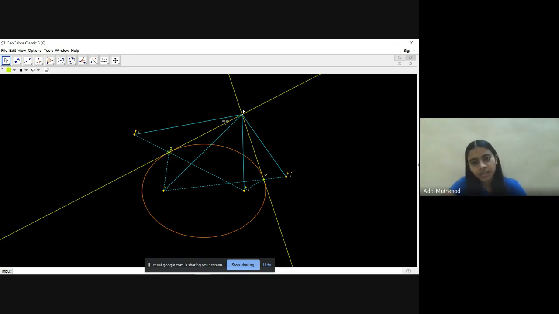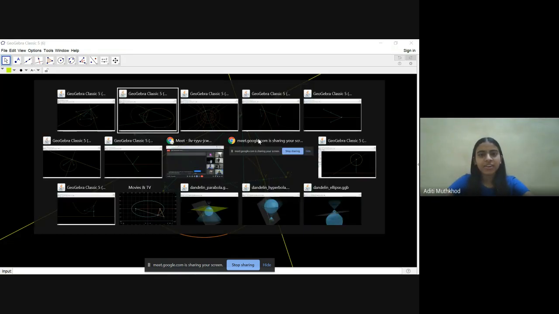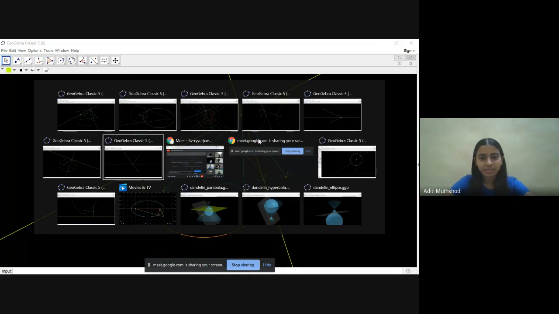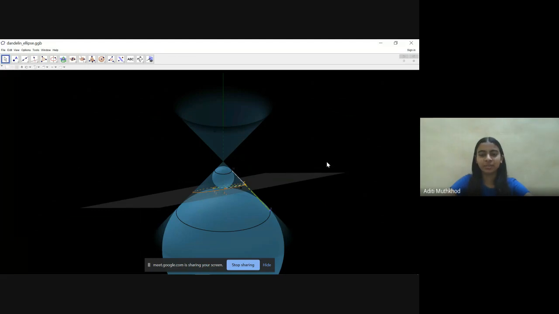So what we have is this angle is equal to this angle. And because this part is common, we have that this angle, F1 prime PF1, is equal to F2 prime PF2. Okay, and now we come to the most interesting part, the part that I like the most.